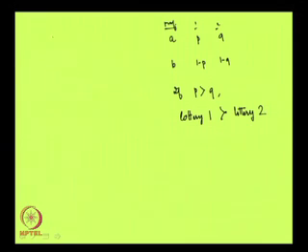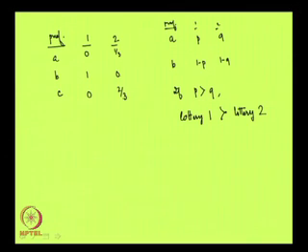If I have 3 outcomes and I know the preference ordering of the outcomes, suppose I have 3 outcomes A, B, C, and suppose, to have a concrete idea, I am comparing between 2 lotteries. This is one lottery and this is another lottery.